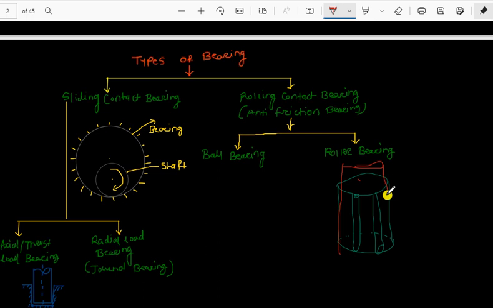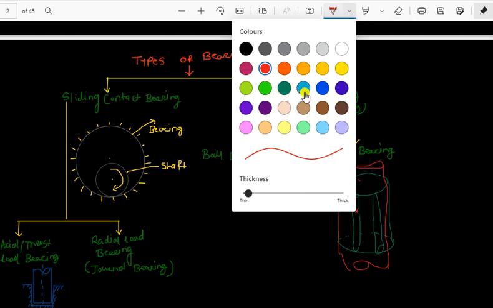So this outer surface of the shaft will be in contact with these rollers.